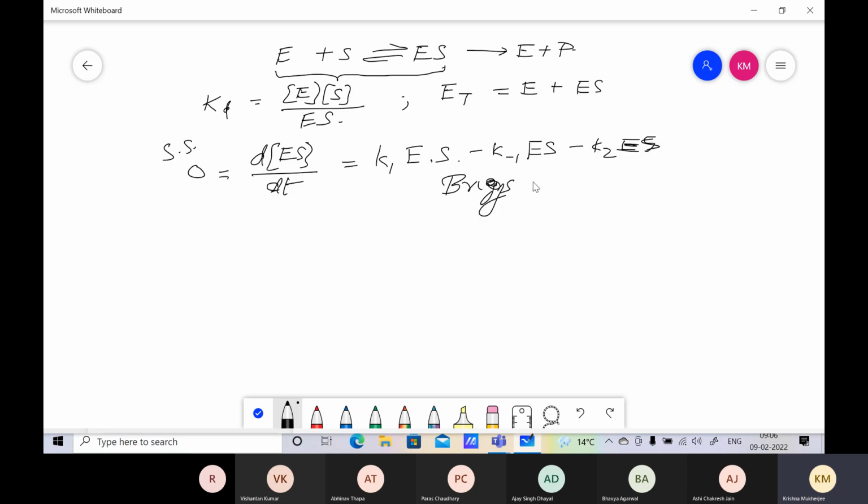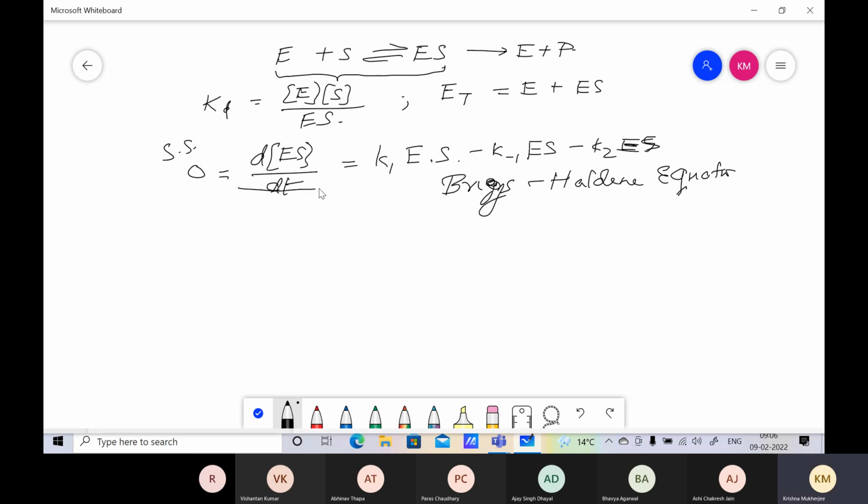This is called the Briggs-Haldane relationship, the Briggs-Haldane formulation, the Briggs-Haldane equation, and it is slightly better.